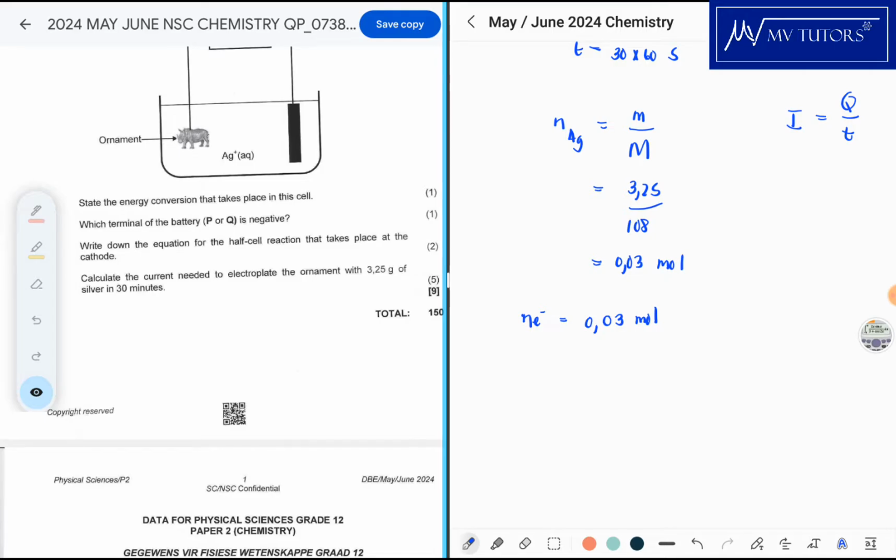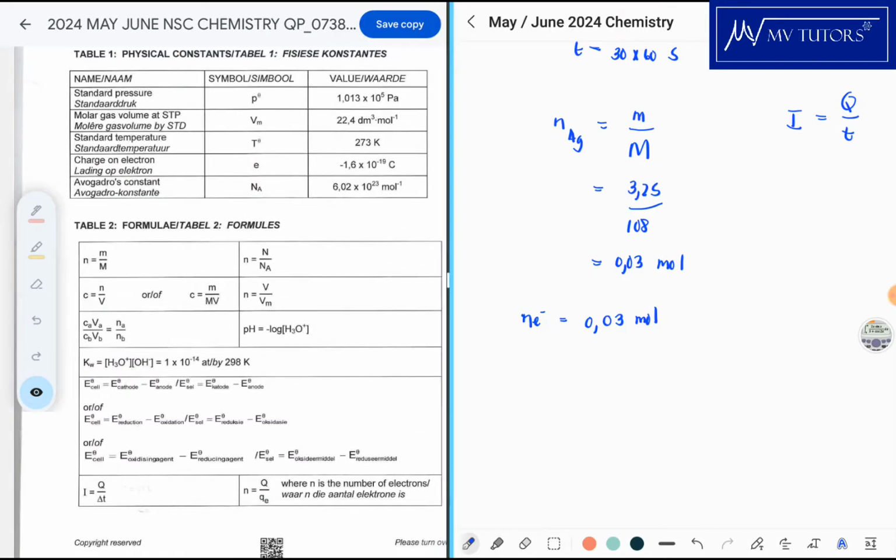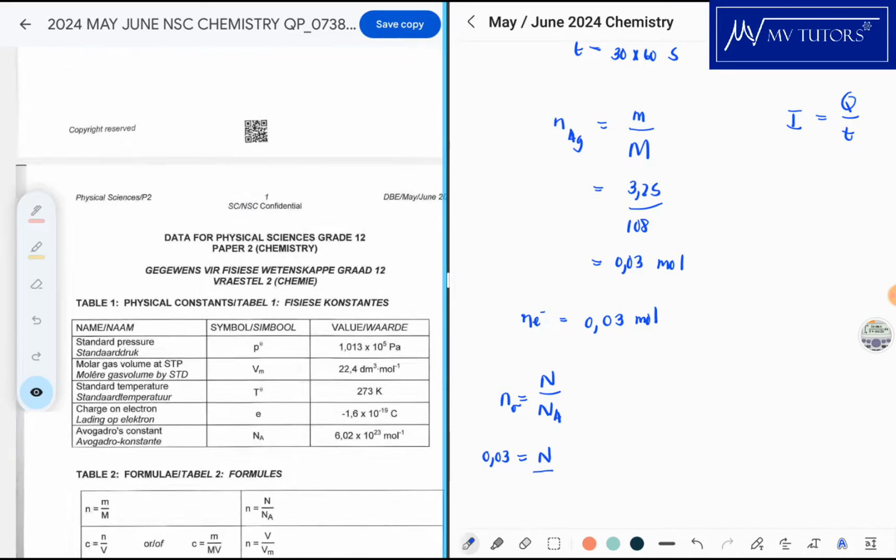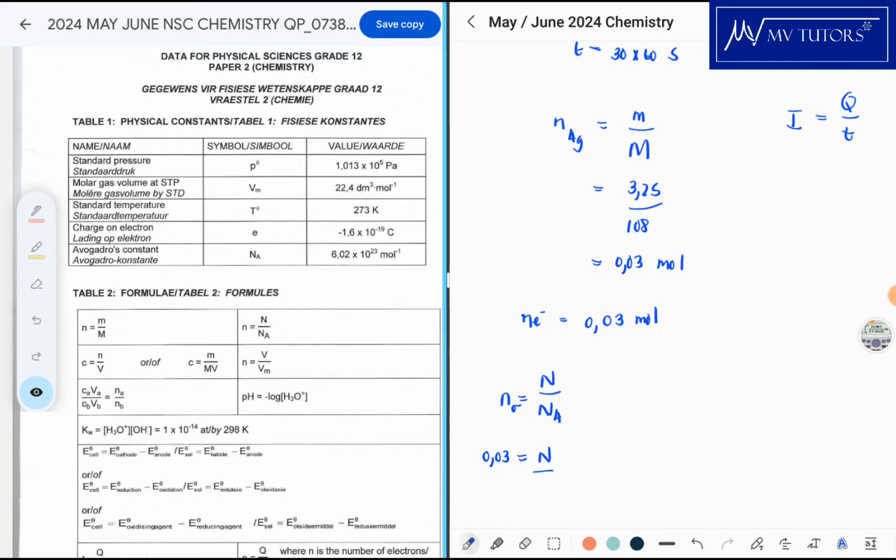We're going to use our equation, where n is equal to N over Na. We have our number of moles, which is 0,03. We are looking for N, and Avogadro's constant is 6,02 times 10 to the 23 per mole.